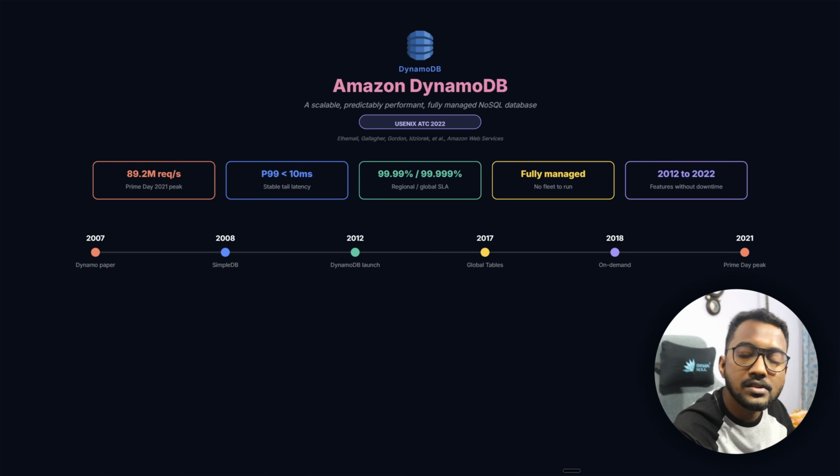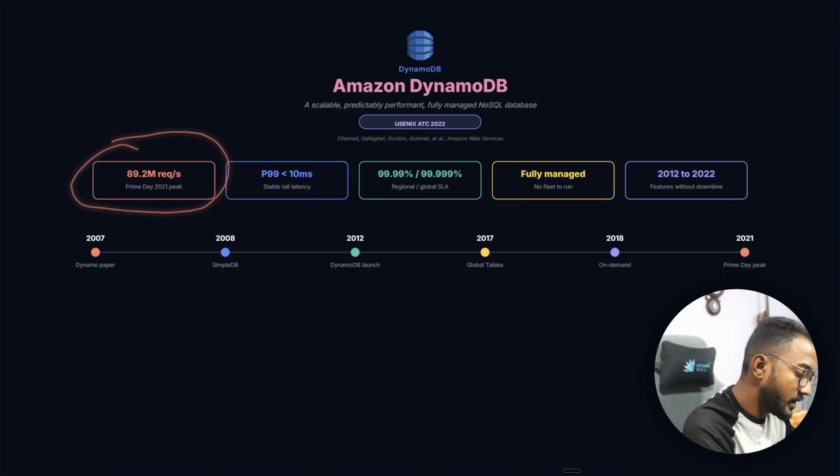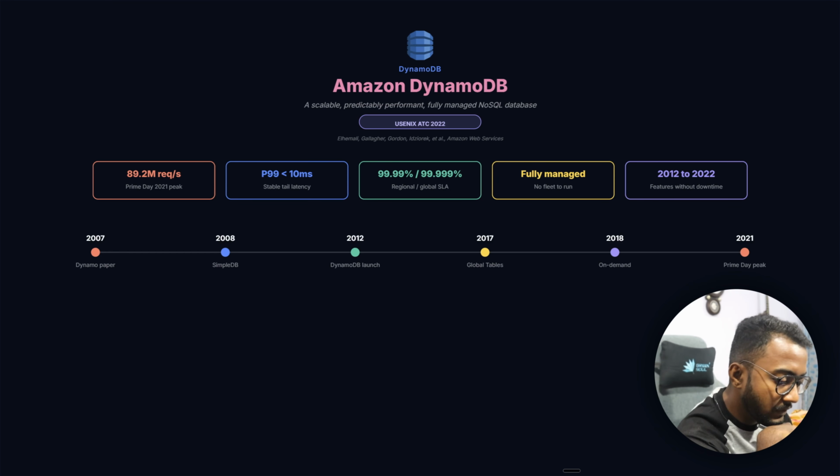And with regards to that, they have given this fact that in Prime Day 2021, which ran for about 66 hours, the peak request rate was around 89.2 million requests per second, which in itself is crazy.